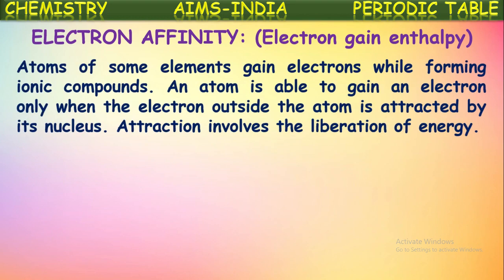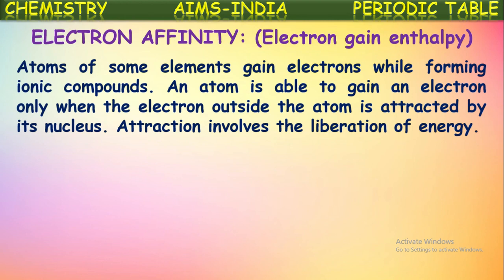Atoms of some elements gain electrons while forming ionic compounds, isn't it? Ionic compounds means the compounds formed by the transfer of electrons between the atoms or elements. So in this ionic bond formation, some elements gain electrons. An atom is able to gain an electron only when the electron outside the atom is attracted by the nucleus of it.